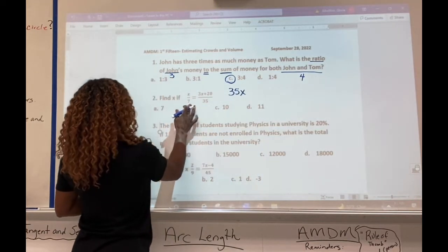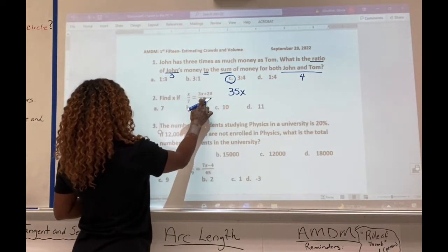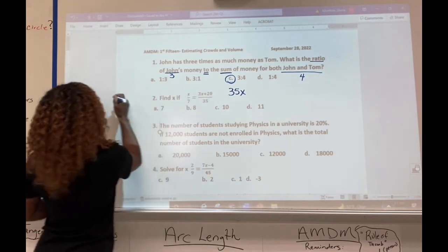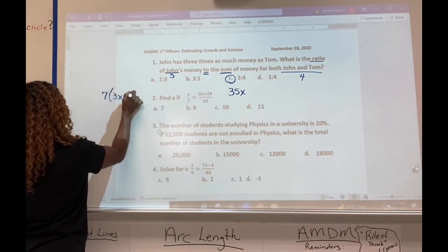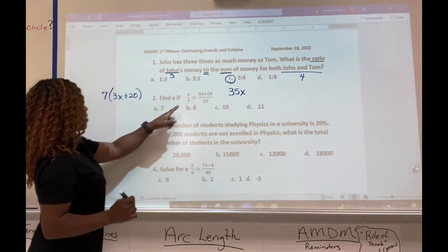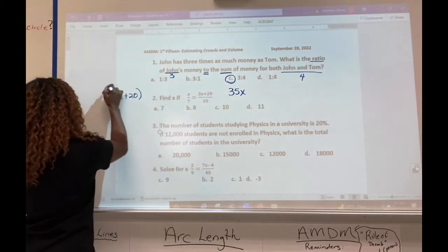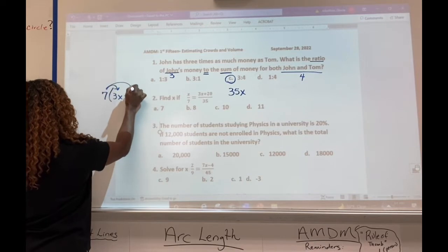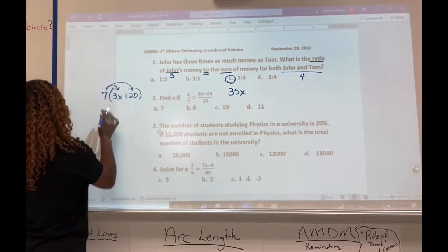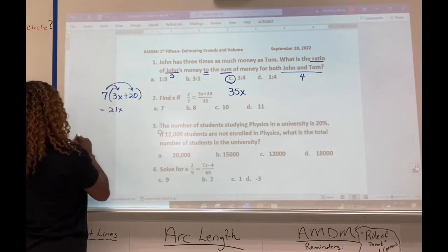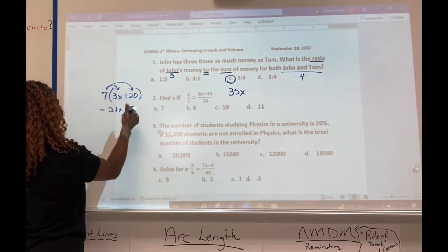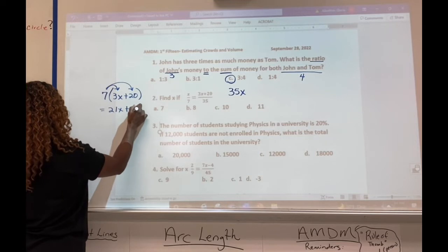And then 7 times 3x plus 20, I actually have to do that calculation. So I've got to apply the distributive property to this cross multiplication so I can get the expression that I need. So 7 times 3, that gives me 21x, because there's an x with it. 7 times 20, that gives me 140.